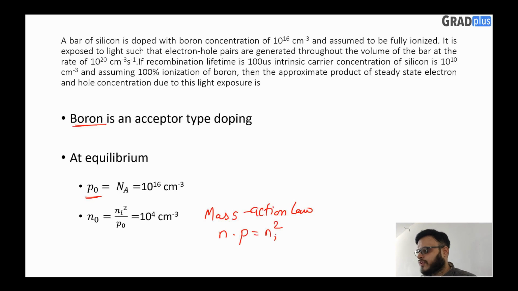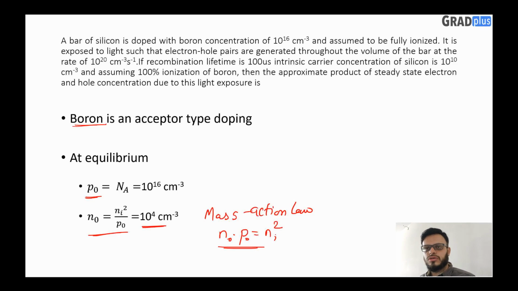So now we have P naught and N naught at equilibrium initially. We will be rearranging this formula in this format, and then we will be solving. We will get N naught as 10 power 4 per centimeter cube.